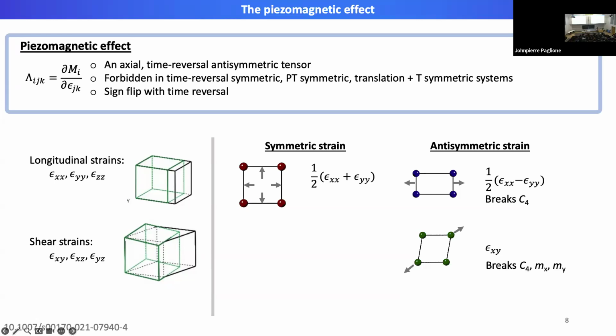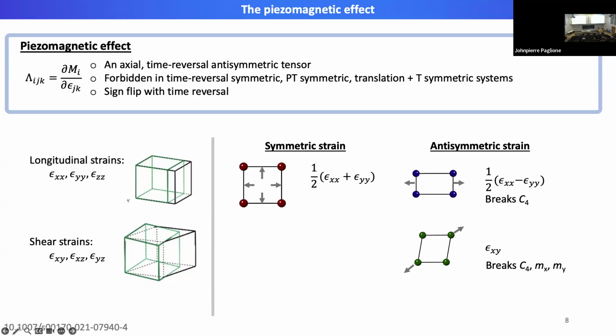So here we have the example of a two-dimensional square lattice, and for the in-plane strains, we can categorize them as those that preserve all the different symmetries of the square lattice, and those strains that would actually break the fourfold rotational symmetry and also a few mirror symmetries of the system.